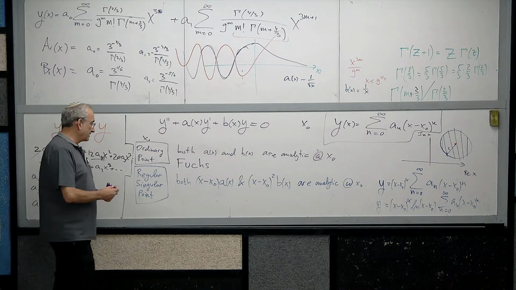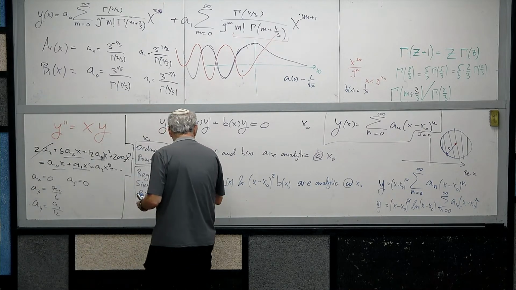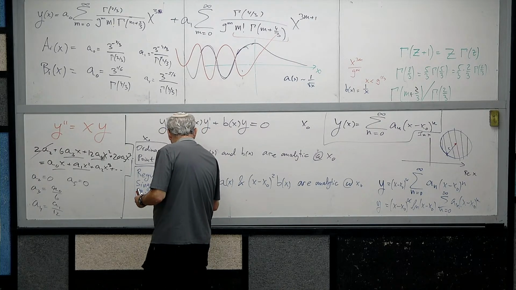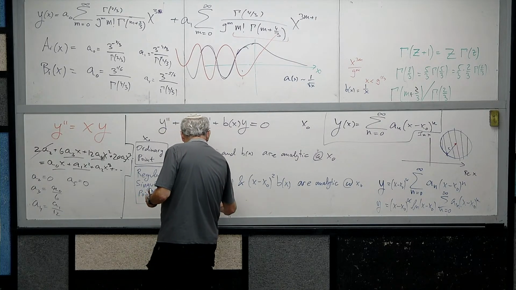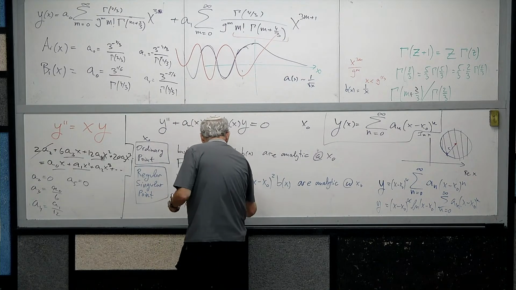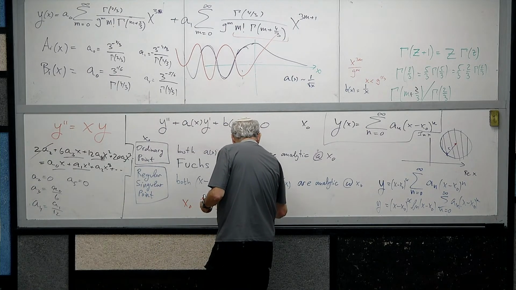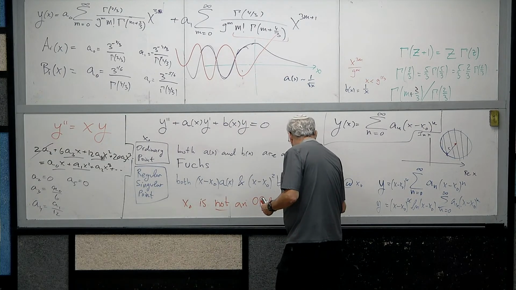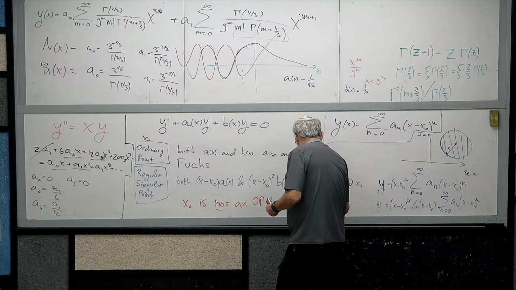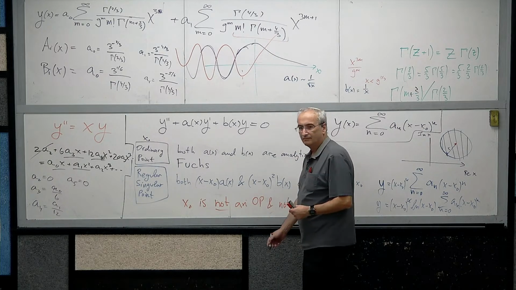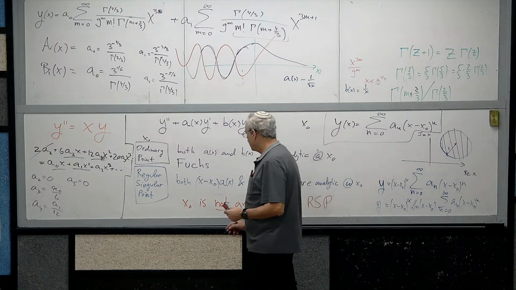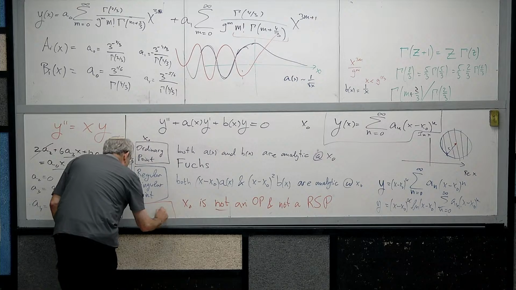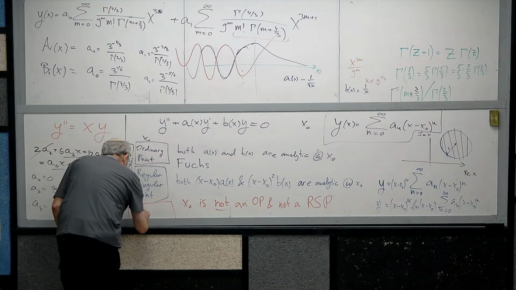And now there is a third case in which x0 is not an ordinary point and not a regular singular point, in which case we are going to refer to such a point as irregular singular.